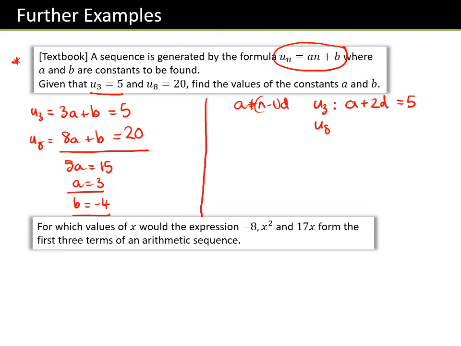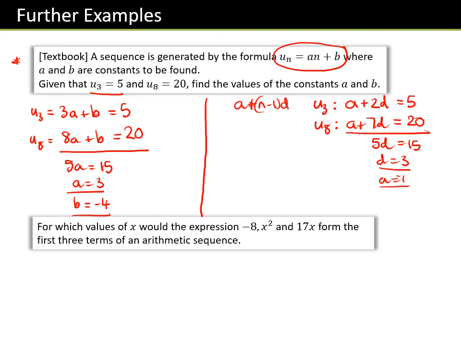And u8 must be a plus 7d, and that is equal to 20. Solve these simultaneously. I will get 5d equals 15, so d equals 3. Plug this in this example here, and I will find that a equals minus 1.